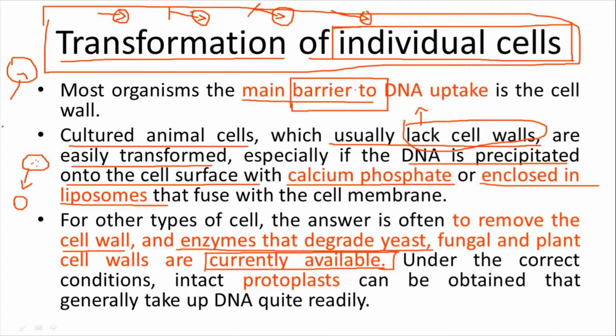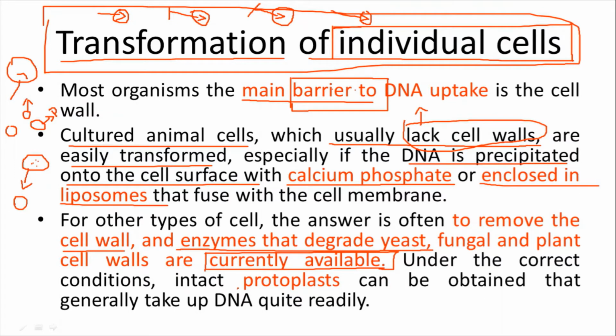So the protoplast is equal to competence. Then only the DNA could be transferred by electroporation or microinjection. So after the protoplast, we can generally and quickly, readily insert the DNA into the host.